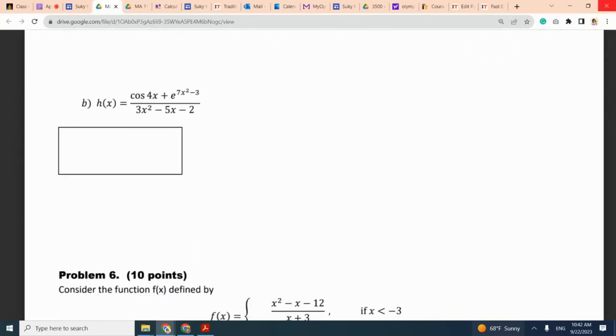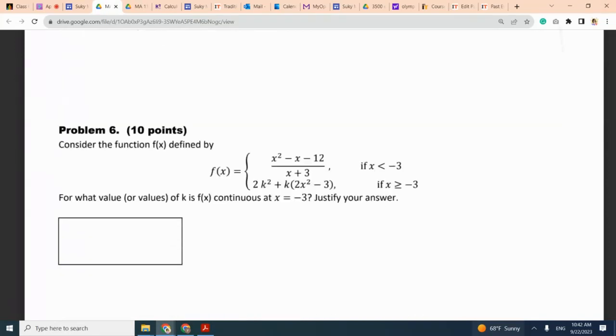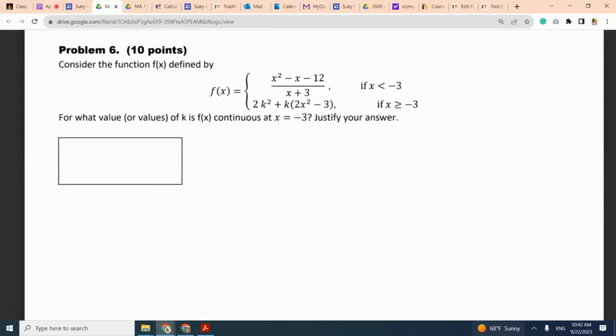Okay, and see here, remember cosine, sine, continuous everywhere, exponential function, continuous everywhere, right? So this is the denominator problem. And then this type of problem is you want to find the case such that the function is continuous everywhere, right?